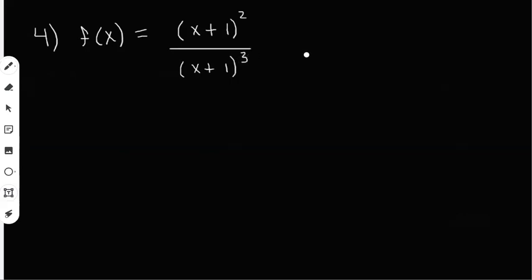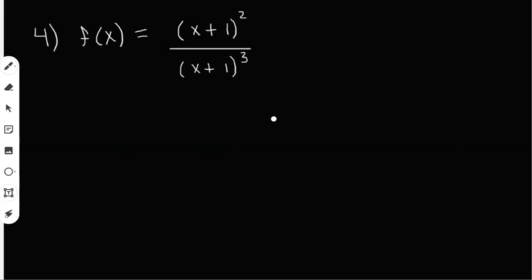Okay, so 4 says f of x is equal to what? (x plus 1) squared on top, and we're actually putting x plus 1 in parentheses and squaring it. And then on the bottom, we're going to have the same thing, but with a different exponent. So same base, different exponent. I'm going to cube it on the bottom. So here I've got a numerator, I've got a denominator.